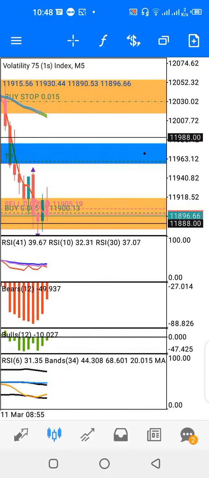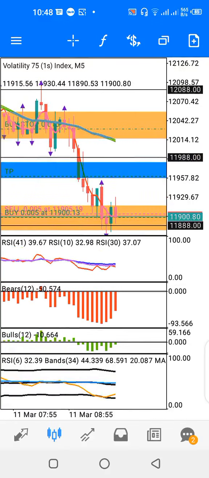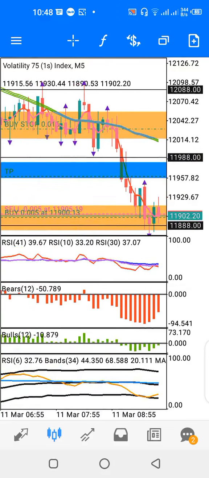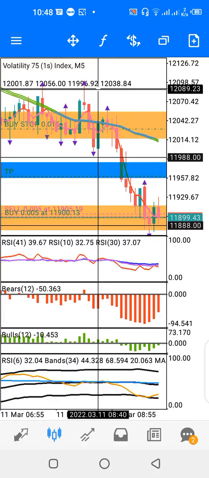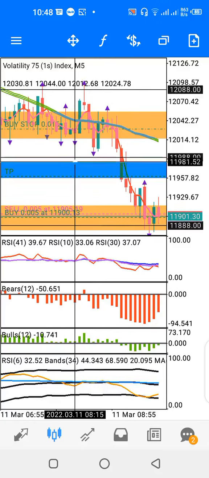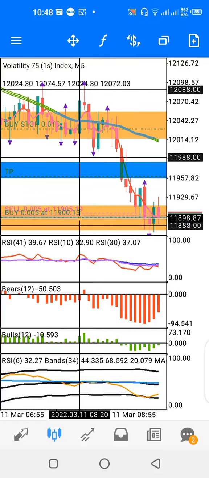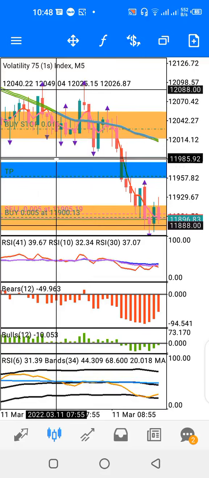If I move the chart to 5 minute time frame, these psychological marks act as support and resistance levels. Okay, support and resistance levels. I'm talking about the 12088, 11988, 11888.